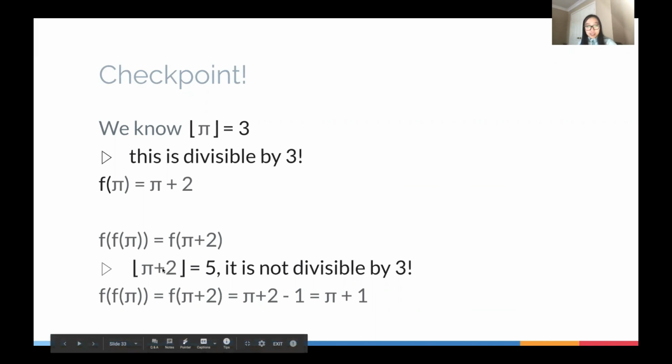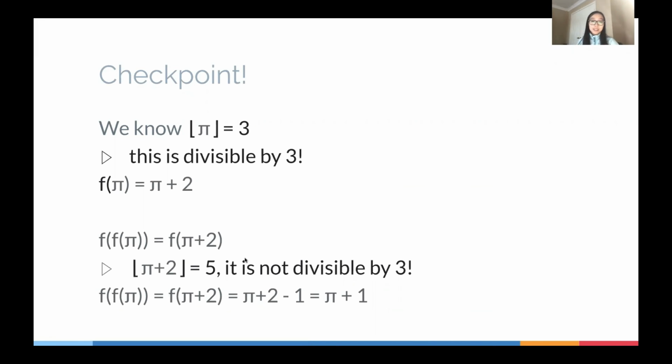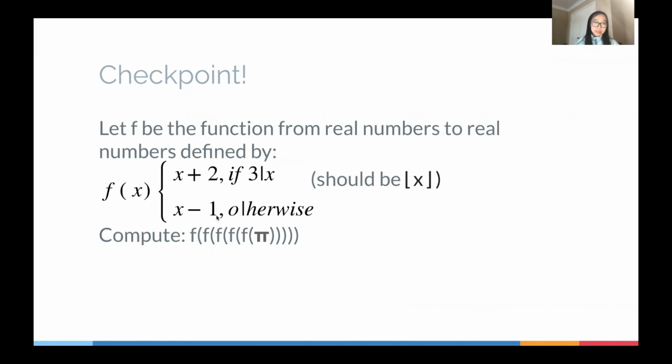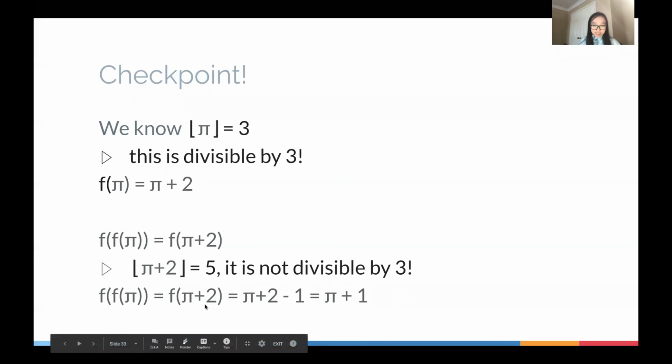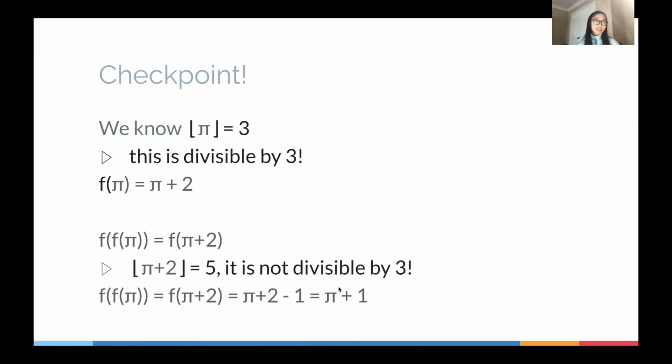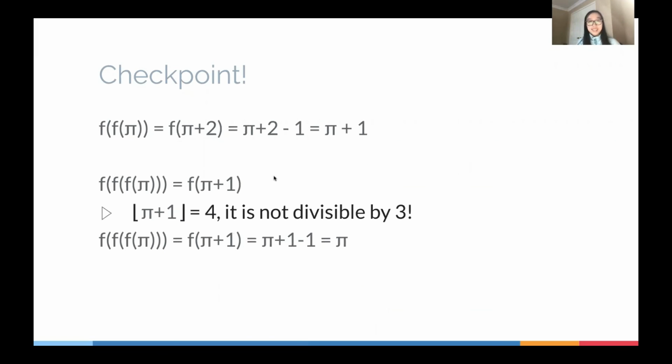So the floor of it would just be 5 because we round down. And 5 is not divisible by 3. So what do we do if something isn't divisible by 3? We subtract 1. So f of pi plus 2 is just pi plus 2 minus 1, and we get pi plus 1. And then we keep doing this, and it gets kind of repetitive.